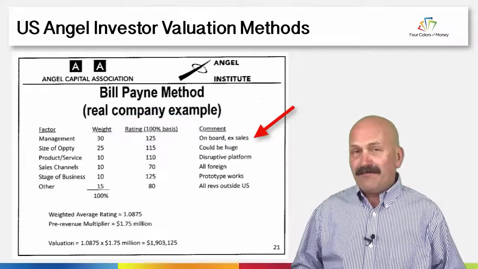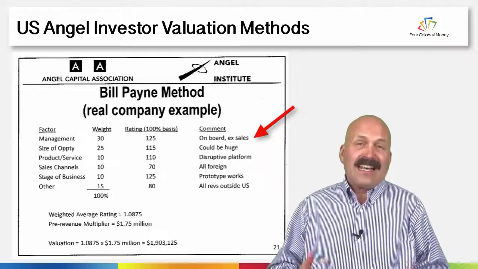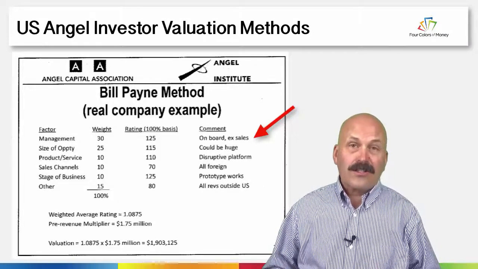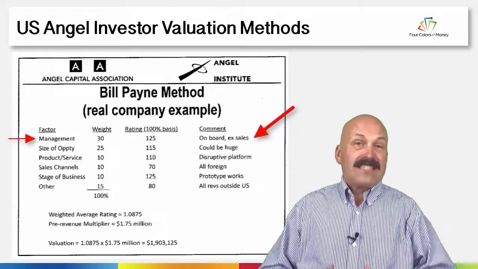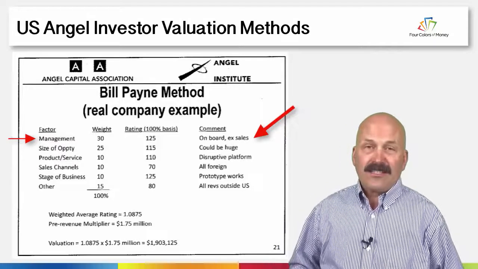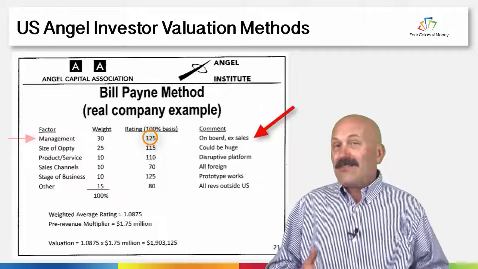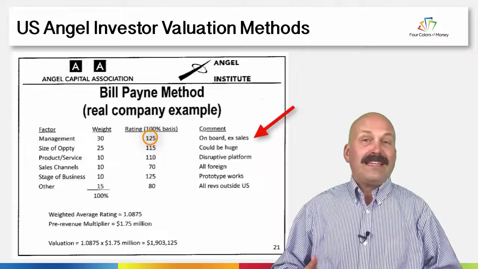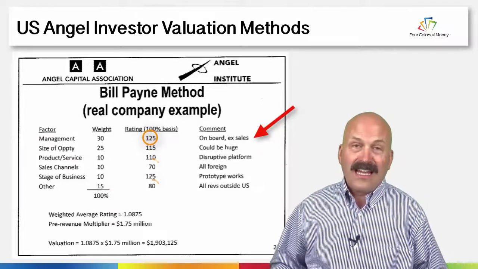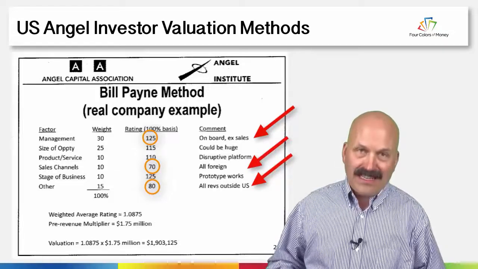So, for example, what's interesting to see here is that in the eyes of this angel investor, a management team that's all there except for the salesperson gets 125%. But on the other hand, sales all being outside of the US actually ends up being negative.